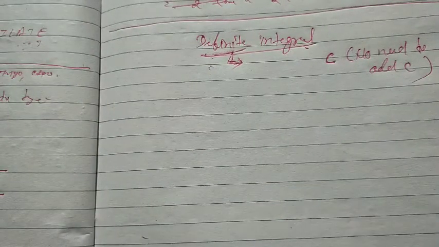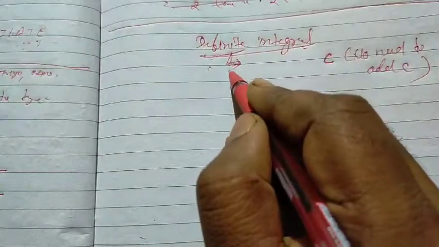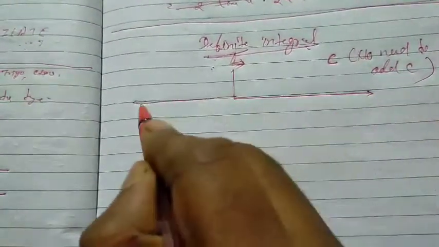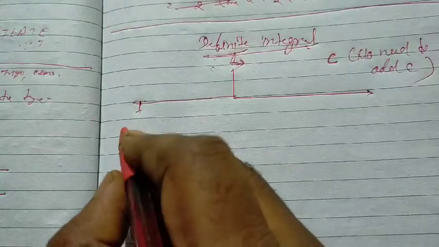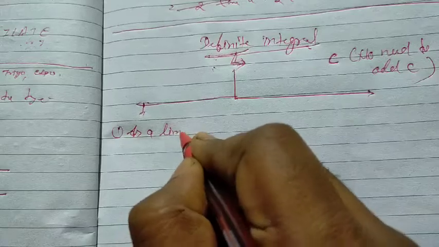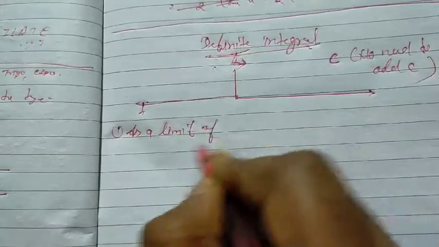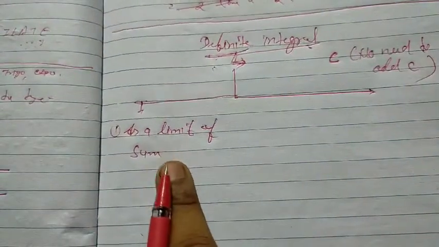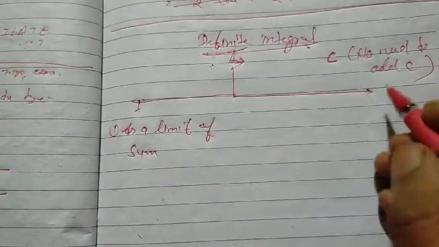Now definite integral we will study in two forms. First one as a limit of sum. We will discuss this topic only right now.